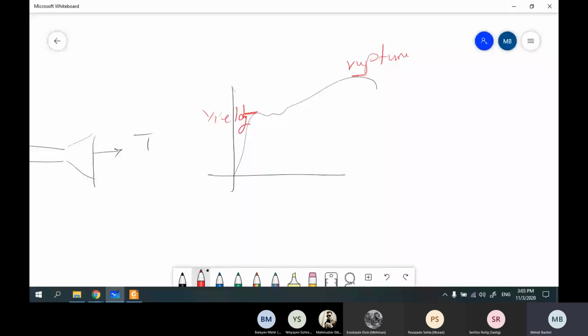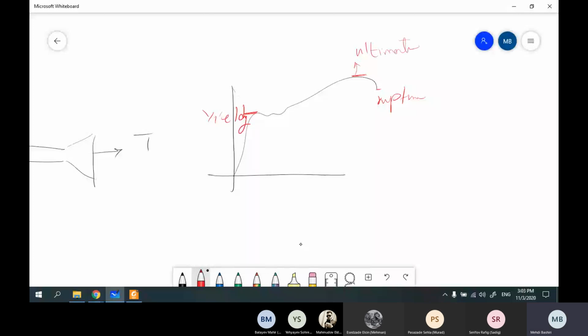If I want to be specific, the rupture is here, but we do not consider this part because we can't count on it. We consider here as the rupture or ultimate capacity.